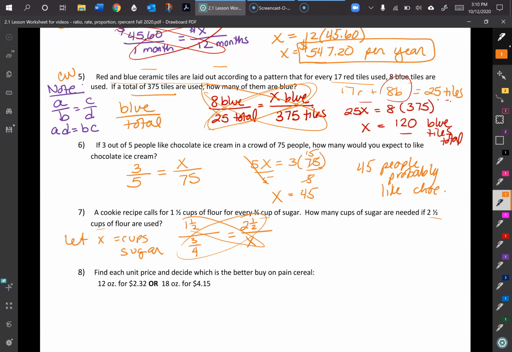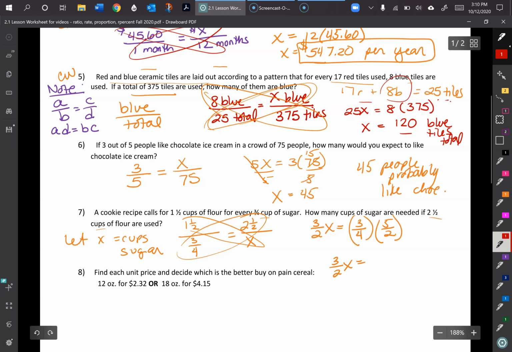Okay, so then I would again do the cross multiplying. So I would have 1.5x, which I'm going to write as 3/2 x, equals 3/4 times 2.5, which I'll write as 5/2. So I have fractions that I'm dealing with, and I'm going to simplify. So I have 15 over 8 on that right-hand side.